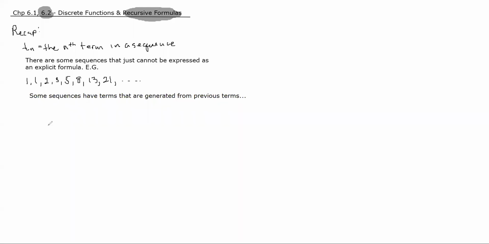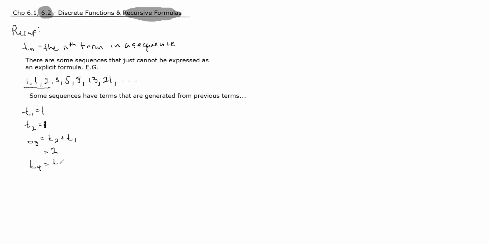And so we have something called the recursive formula. Let me just go through it, starting with the first three terms here. Term 1 is 1. Term 2 is 1. How do we get term 3? Well, it was term 2 added to term 1, which equals 2. How do you get term 4?